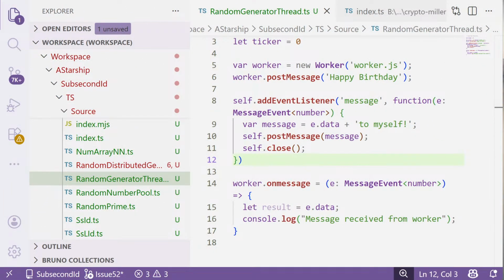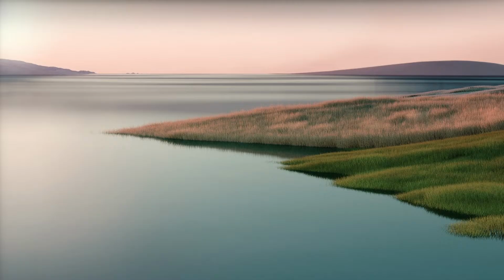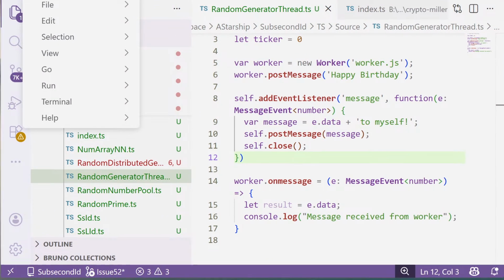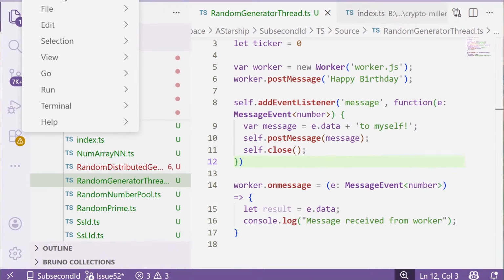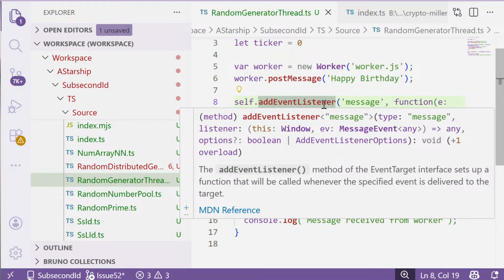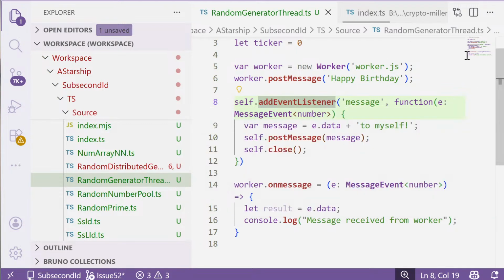Oh, right. So this is supposed to be over here, right? Oh gosh. What am I gonna do?